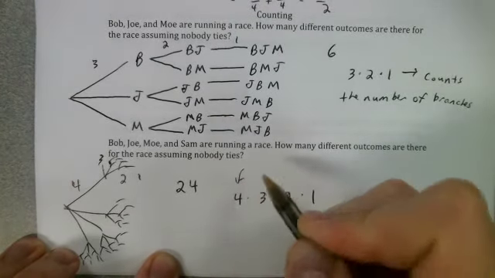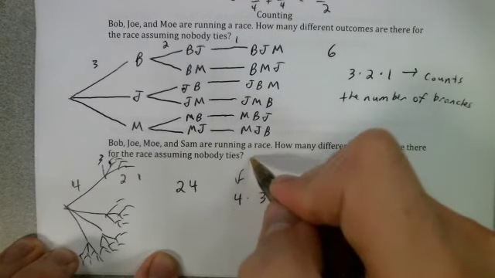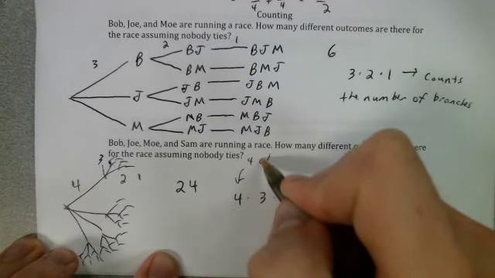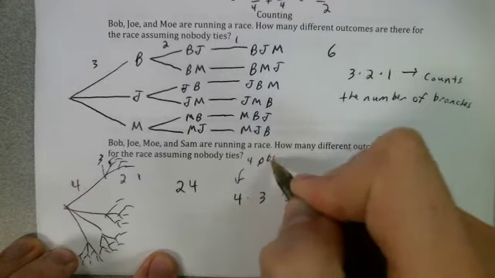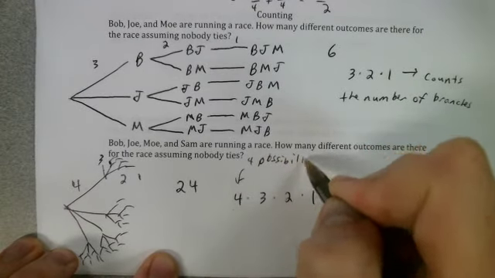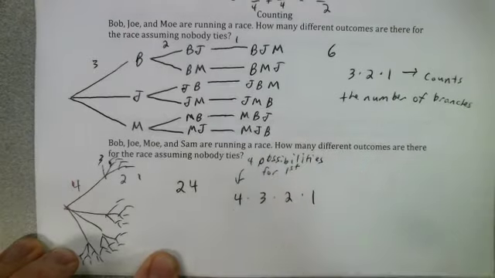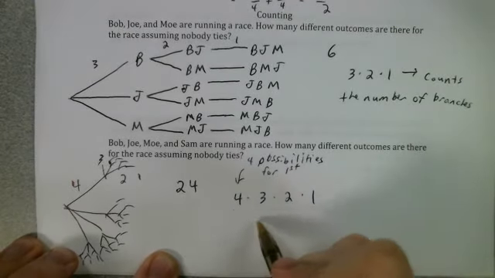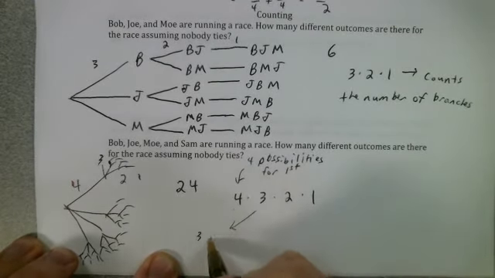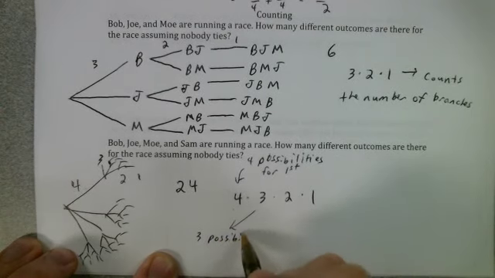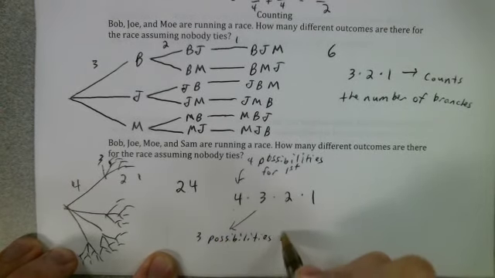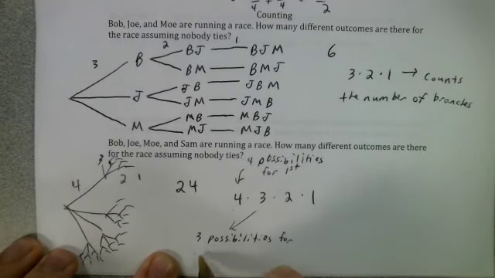Another way to think about this is there are 4 possibilities for first place. Now, once first place has been assigned, there are 3 possibilities for second.